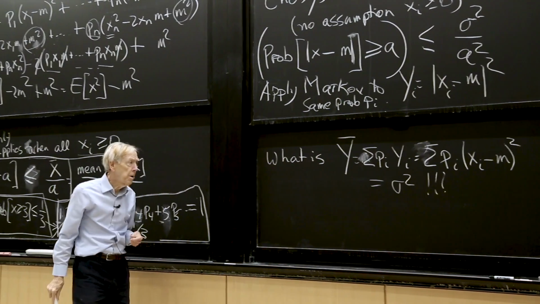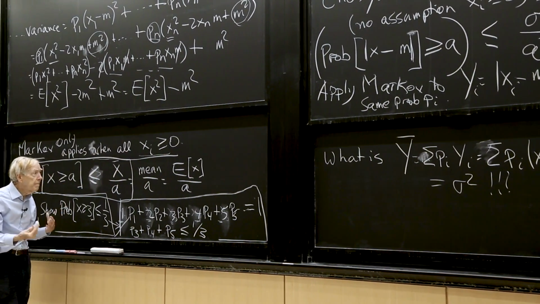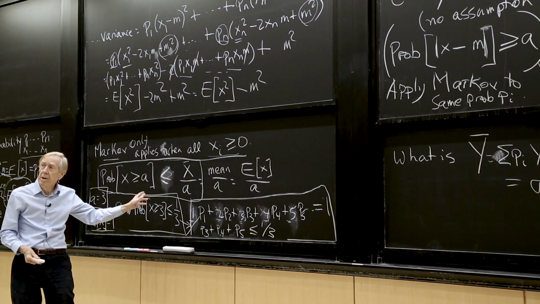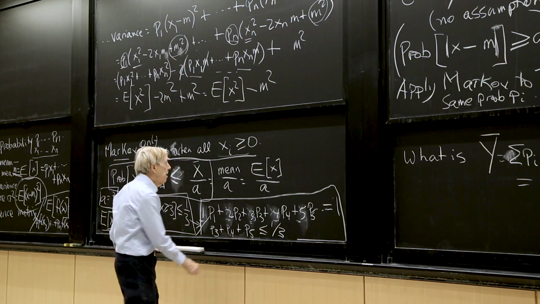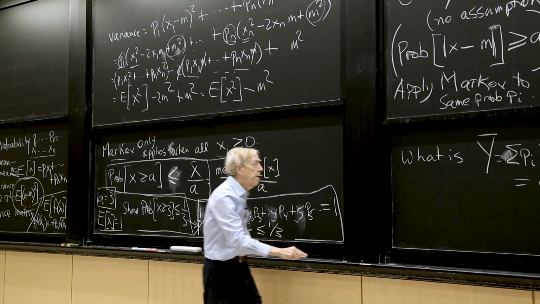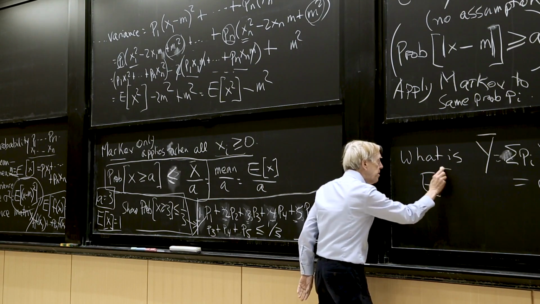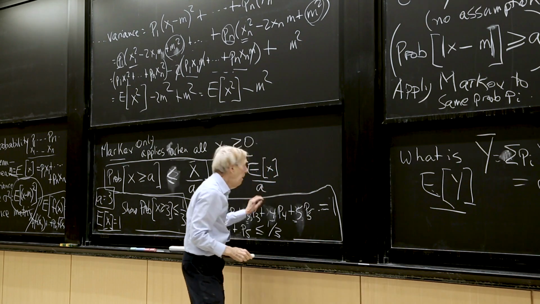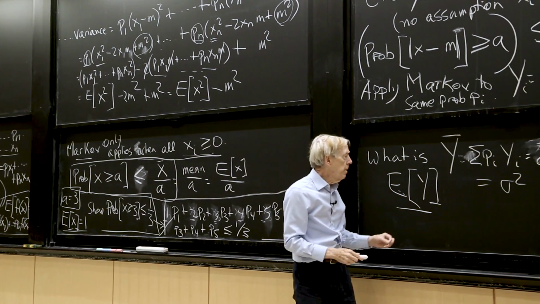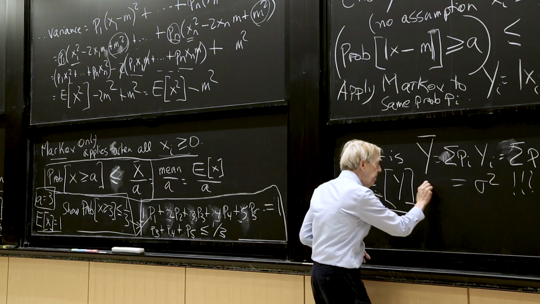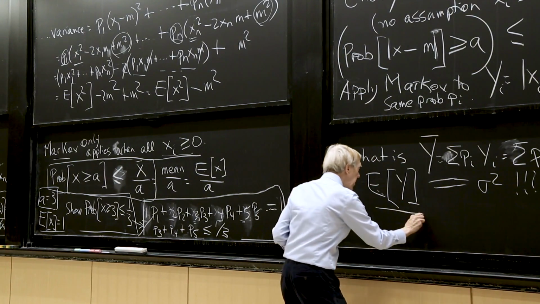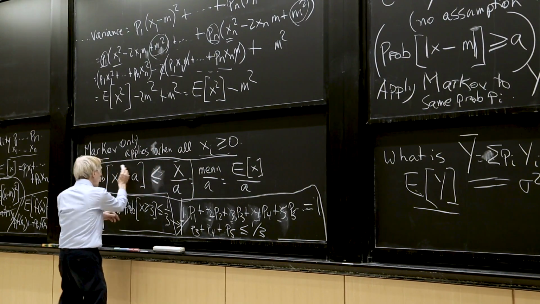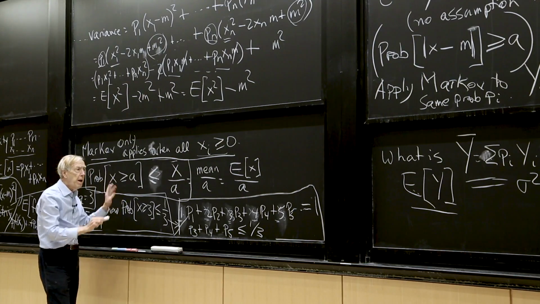Do you see that now Chebyshev is looking like Markov? Now I want the expected value of y over, let's see, the expected y is going to be that. And what do I have to divide by? I want the probability of this thing being bigger than a.